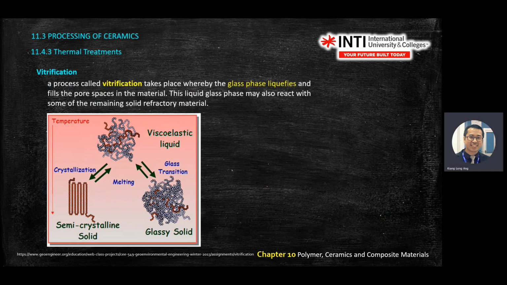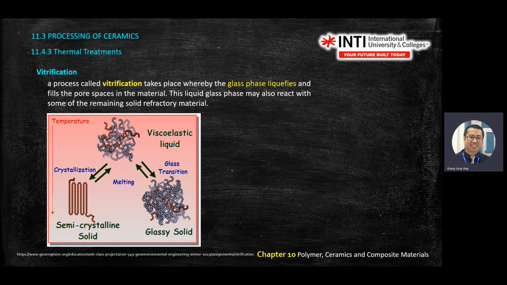Okay, there's a new term for engineering students. It's called vitrification. Vitrification is when the liquid phase fills the holes in the material. The liquid phase may also react with some remaining solid. So you have a viscous liquid, then you will have crystallization.